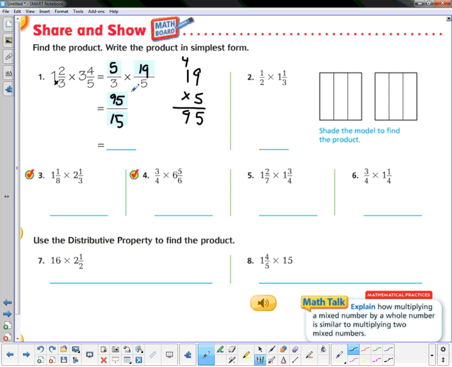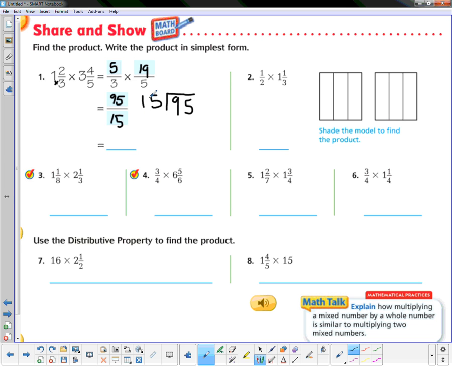15 can go into 95 6 whole times, but let me show you. Remember, the only time I do this is when I have an improper fraction. Some of you were doing it when you had just a basic fraction, that would get you a wrong answer. Only do it when my numerator is bigger than my denominator. So I have my 95 over 15. 15 can't go into 9, but it can go into 95.